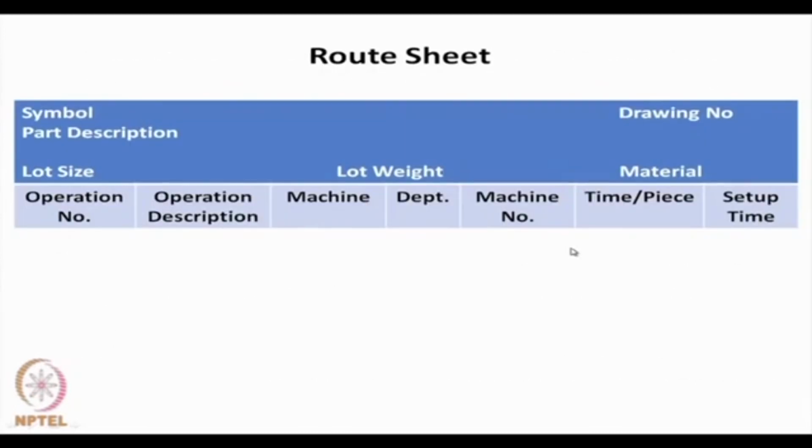You can see that in the route sheet we have indicated the various operations, description, machine, time per piece, the setup time, the material and the specification in the part description and how many to produce.